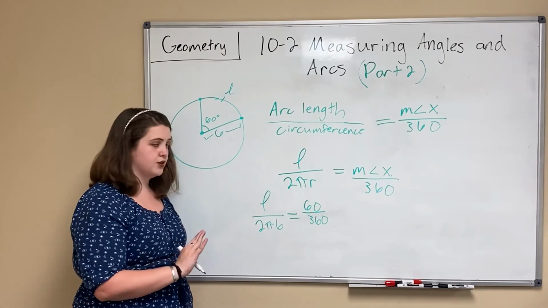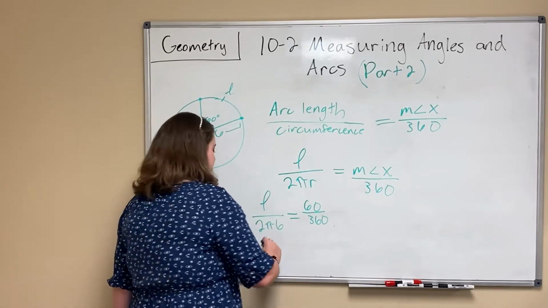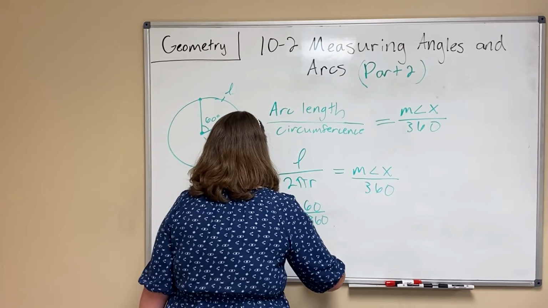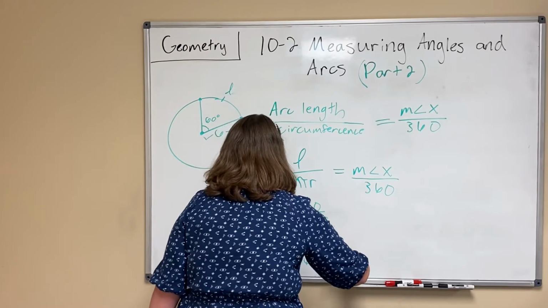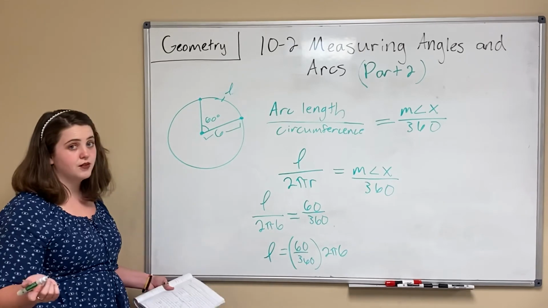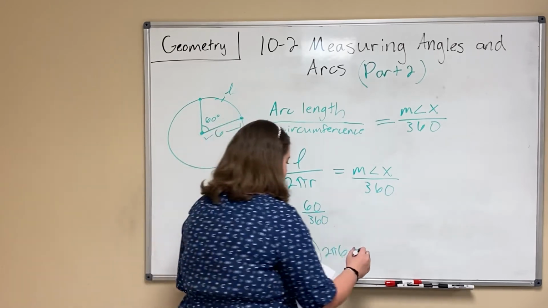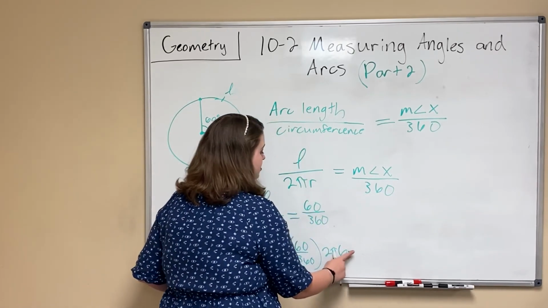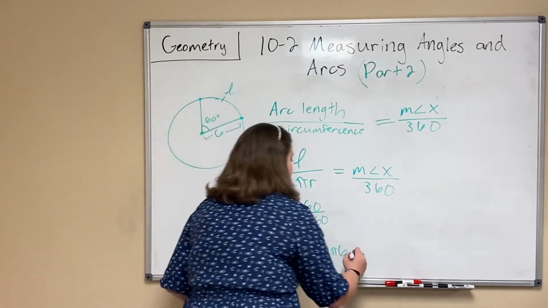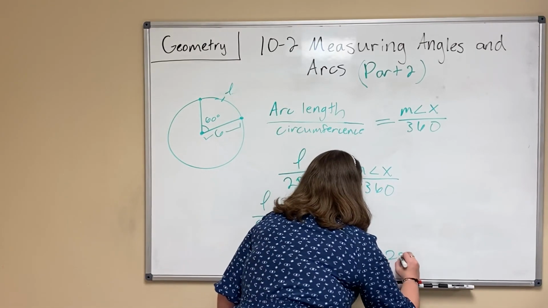Now all that's left is to do my algebra to solve for L. So what I can do to get L by itself is do 60 divided by 360 times 2 times pi times 6. You can put all of that in your calculator or solve it step by step. Either way, you're going to end up with L. Again, we're being approximate because we're using pi, which has an infinite number of decimals. So we're going to round to the nearest hundredth. We're going to get our L is approximately 6.28.